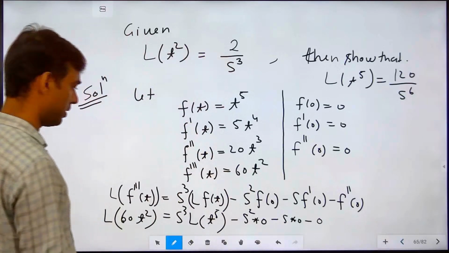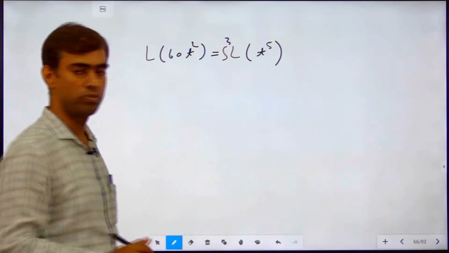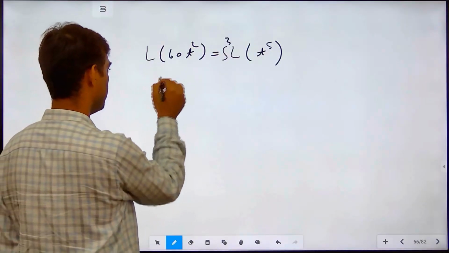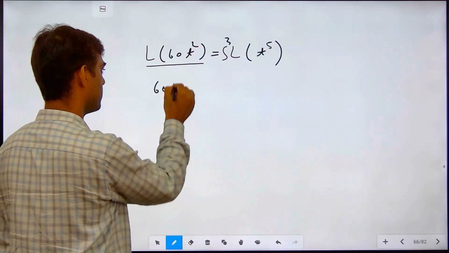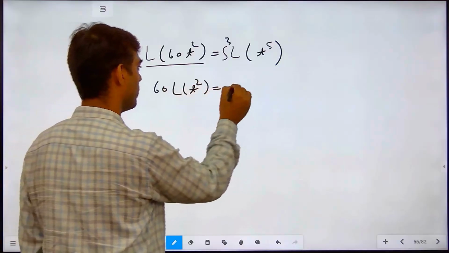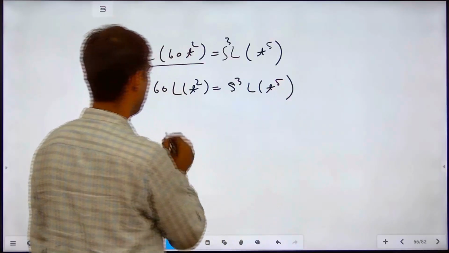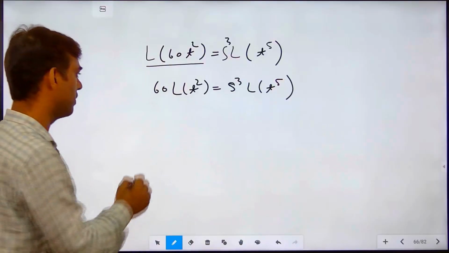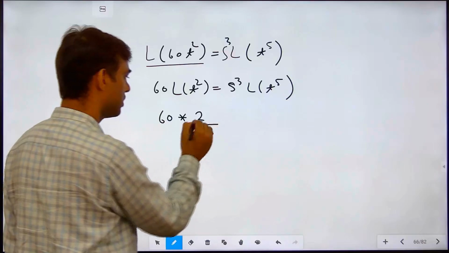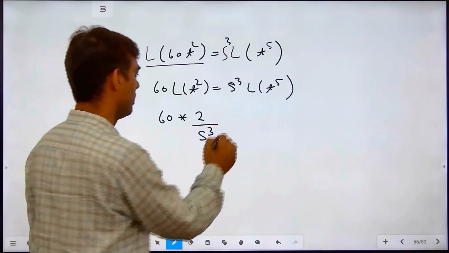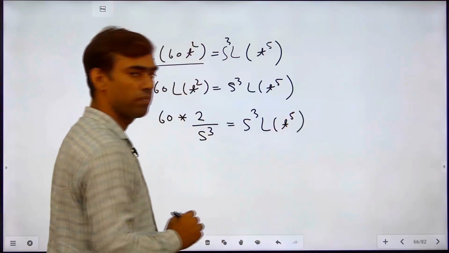Using the linearity property of the Laplace transform, this expression becomes 60 times the Laplace transform for t square equals s cube times the Laplace transform for t to power 5. The Laplace transform for t square is already given, so here we write 60 into 2 upon s cube equals s cube times the Laplace transform for t to power 5.